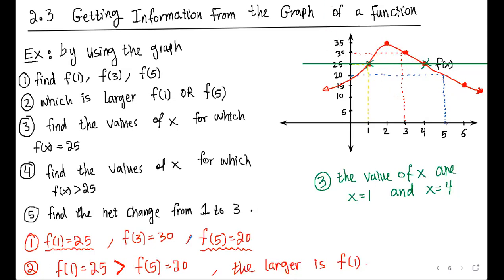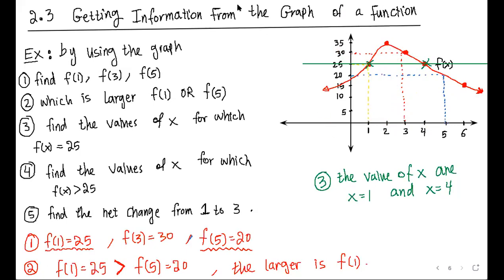As we see in the picture, number 2 has a value above the horizontal line. Number 3 has a value above the horizontal line. Number 4, the same thing. And also 2.5 here in the middle has a value greater than 25.